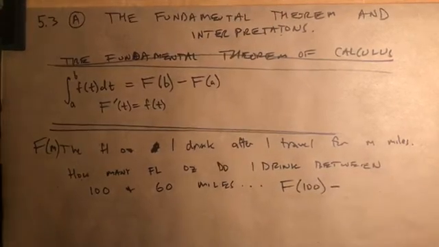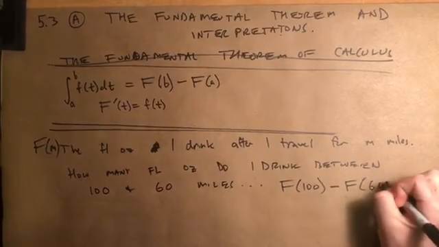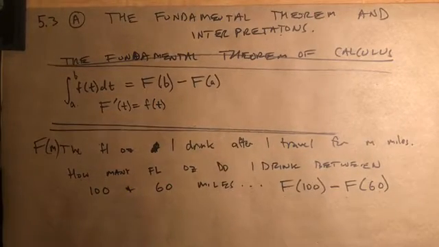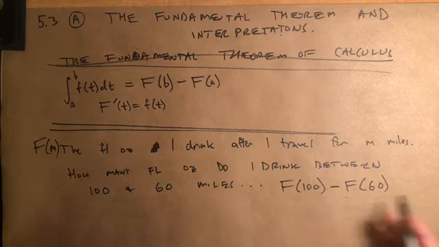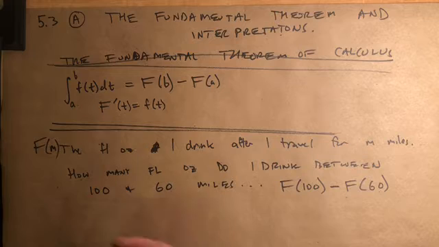And I could remove from that the fluid ounces that I drank over the first 60 miles. And I would have the change in beverage consumption between 60 and 100 miles.